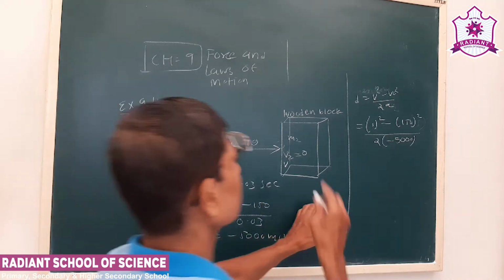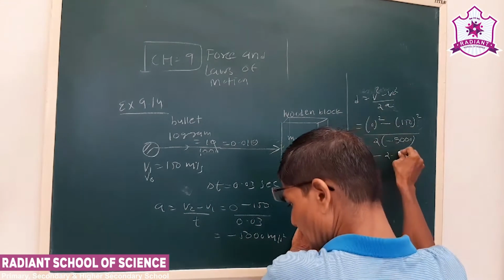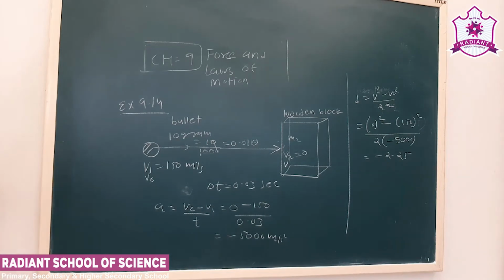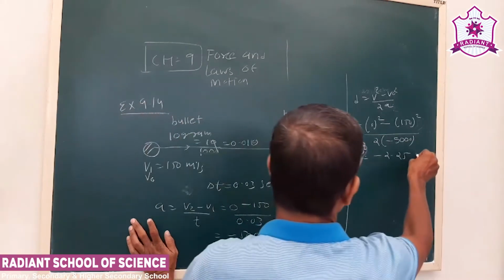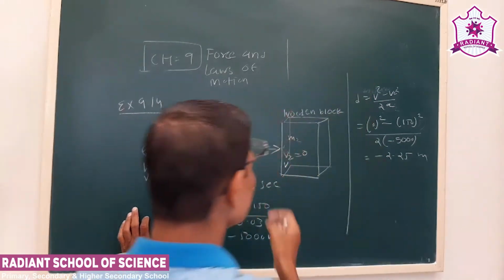See, 2.25, this is the distance covered. Distance will be in meter. So we assume that it is a very long wooden plank.